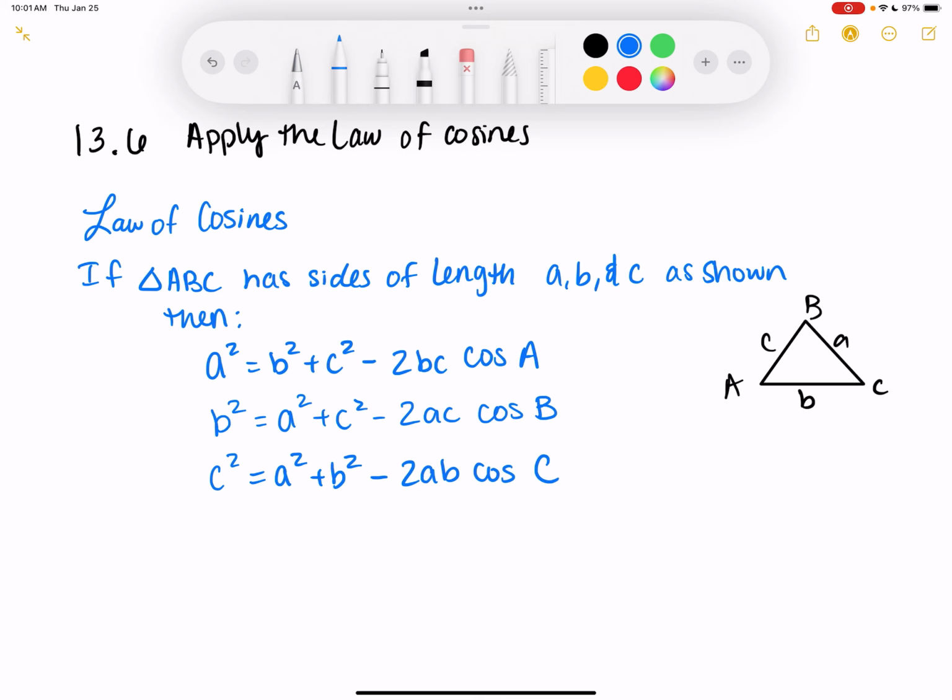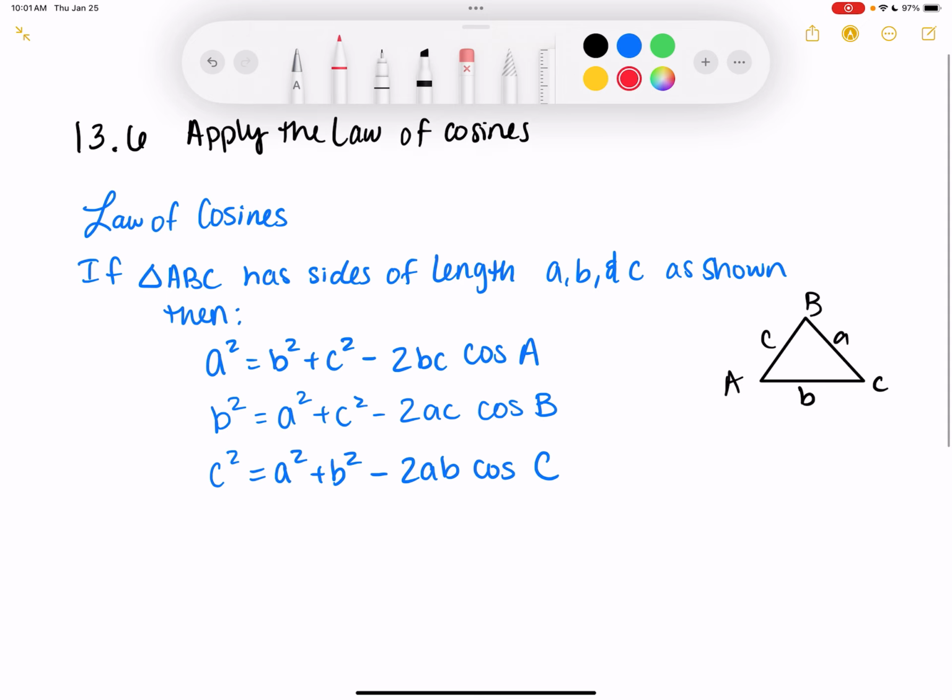So we previously did angle, angle, side, angle, side, angle, and side, angle. But now these cases work when we have side, angle, side, or side, side, side.